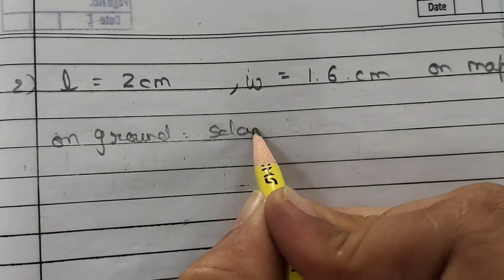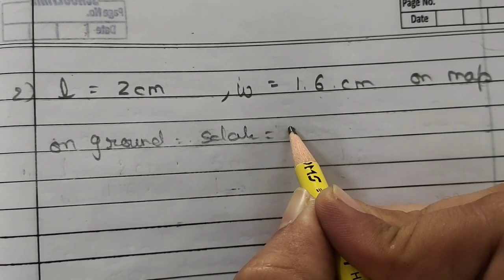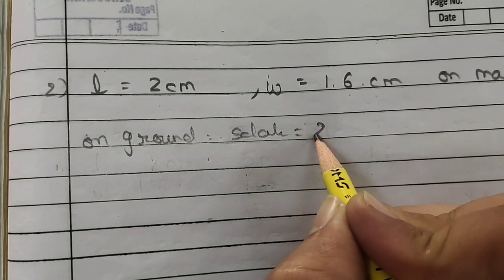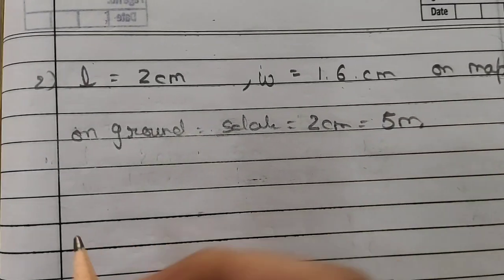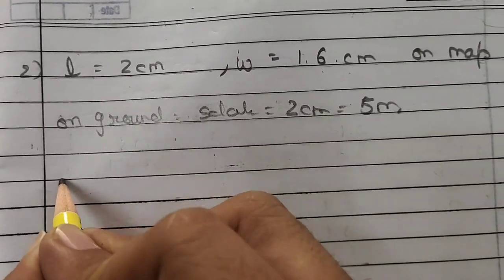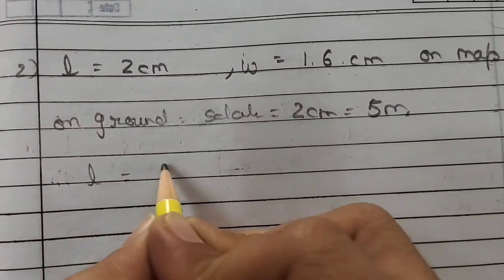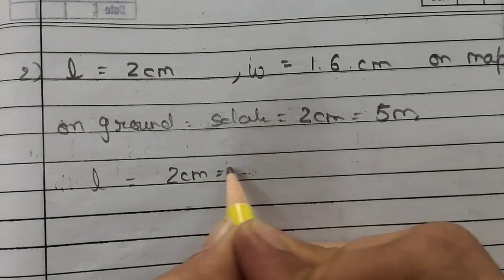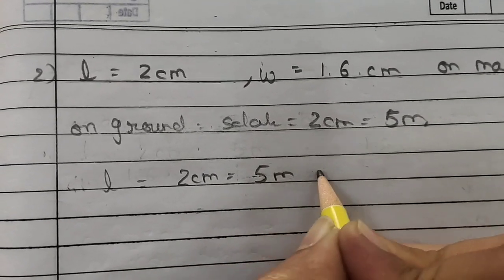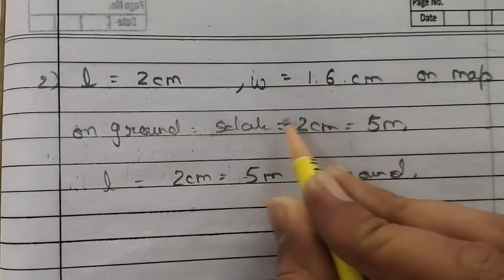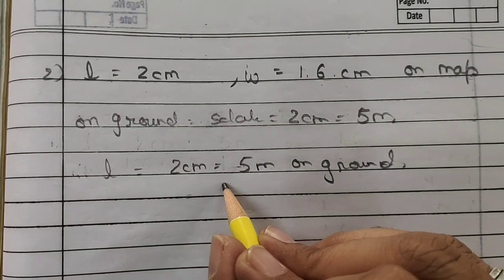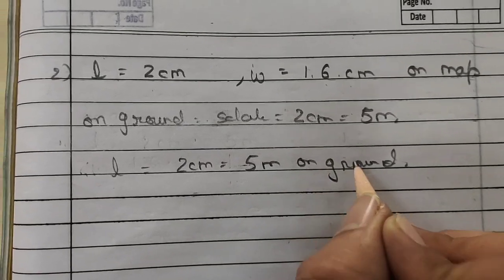The scale is 2 centimeter equals 5 meters. So the length is 2 centimeter on map, so it will be 5 meters on ground. It is given in the scale only.